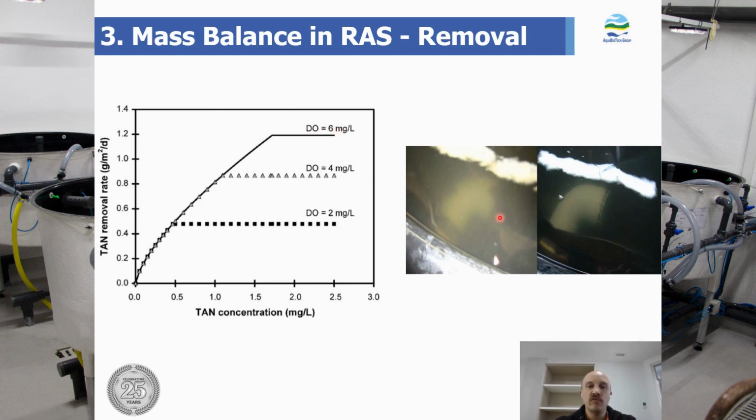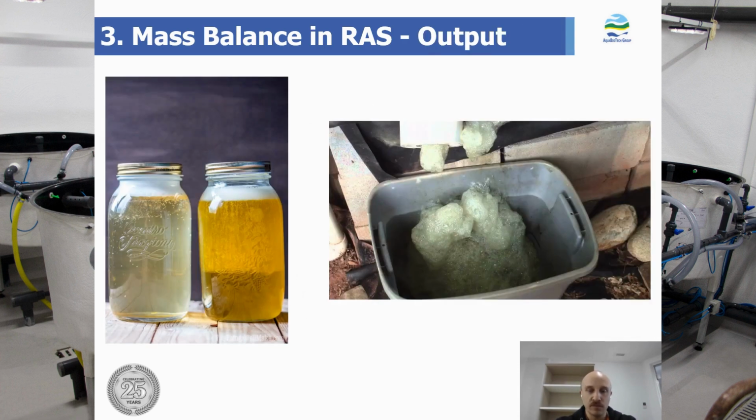Another way to remove is, for example, by dilution. Now, dilution is a very simple concept. What we do is we exchange the water. We remove dirty water and we add clean water to the system.